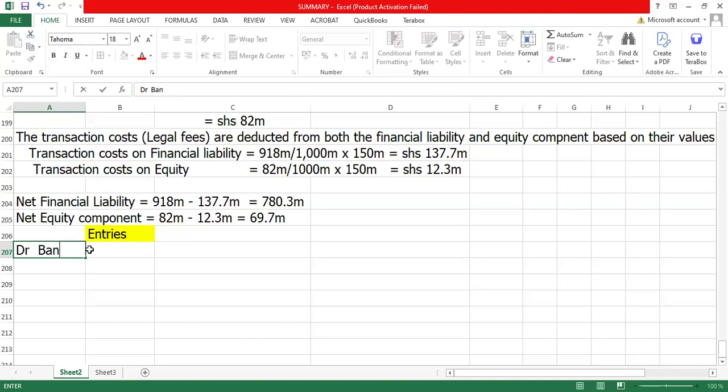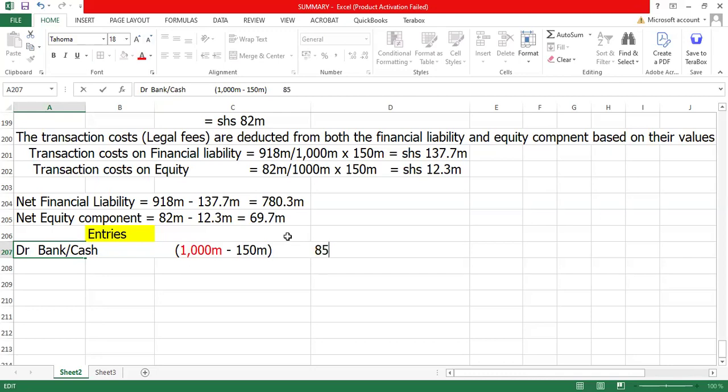So you debit bank or cash by how much? By the 1,000 million minus the transaction cost. Why are we subtracting? Because you're the one to incur the transaction cost. You're receiving this, but you're incurring this. So that's why we are netting off.